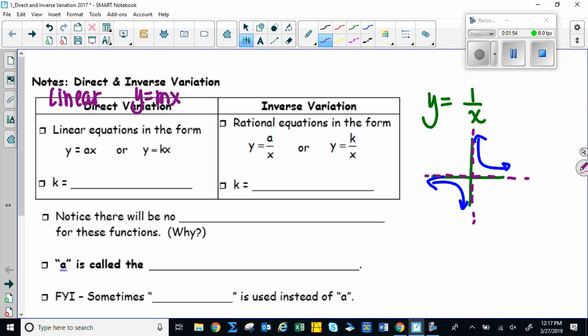In this particular unit, we substitute the letter A with a K. K is going to stand for a constant of variation.